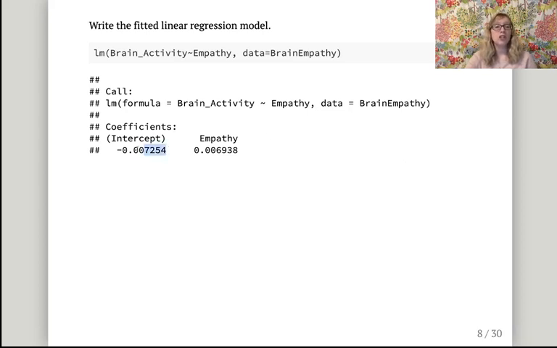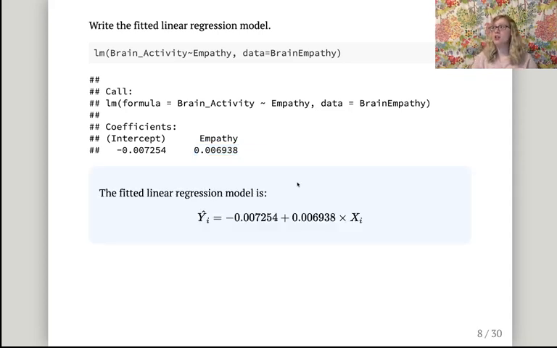We get back two estimated coefficients. So we get back an estimated beta 0 in this intercept column, and we get back an estimated beta 1 in this empathy column. So our fitted regression model is this. Y hat i is equal to negative 0.007254 plus 0.006938.